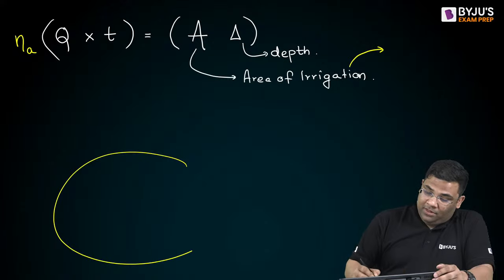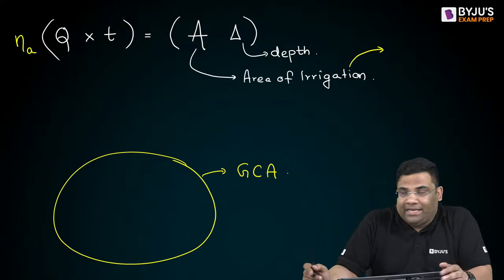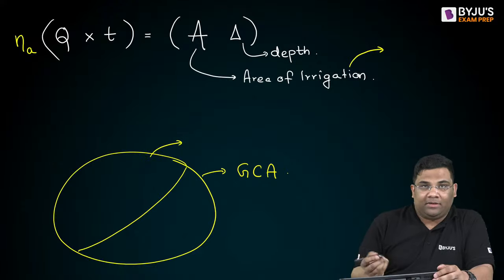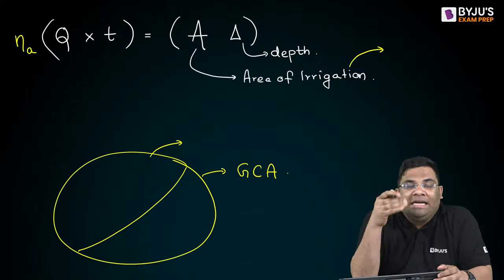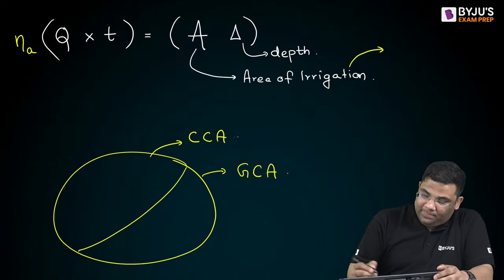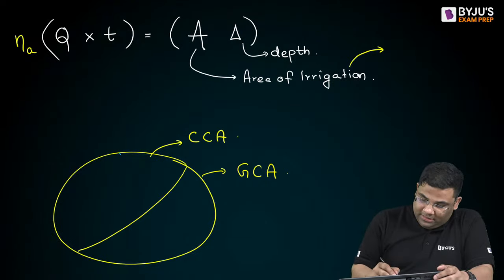If we have a total area, this is known as the gross command area, out of which a certain area can be used for cultivation. That is known as the cultivable command area.